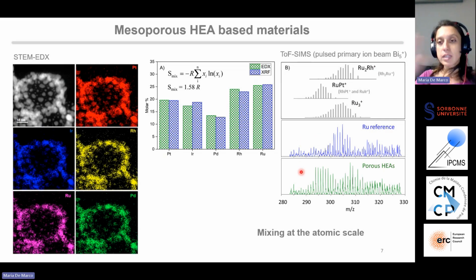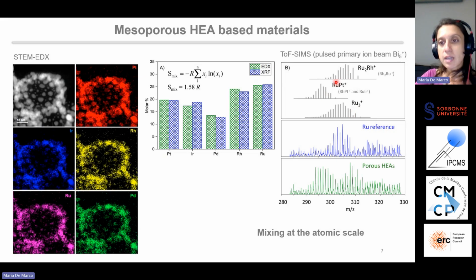And then these different ions are analyzed with a time-of-flight analyzer according to their mass-to-charge ratio. We use a porous ruthenium sample as a reference material, and we can see here clearly the peak corresponding to the distribution of the ruthenium 3+ species.